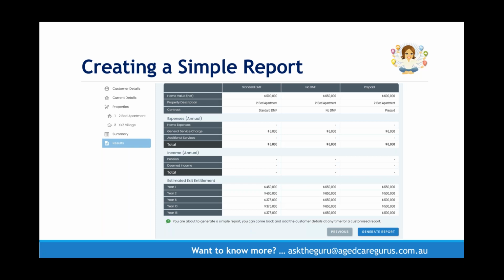So you may want to create simple reports with customer names so that you can come back to them and customize them later, if that's the way you're using the software, which we know that a number of you are doing, that kind of two-stepped process where you're creating, if you like, a property report, and then you're customizing it later for the customer when they're thinking about purchasing.